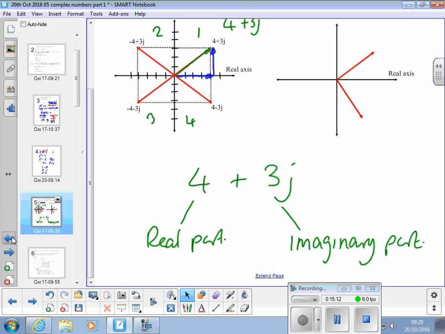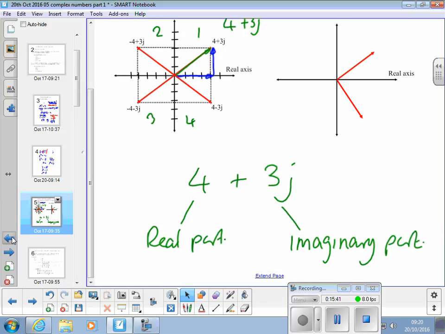I actually prefer to work with putting the j after the number, and I don't know why they do that in maths textbooks. I think it's easier not to lose it into variables if you put it after the coefficient, personally. So I'm going to stick to that, but your Bird maths books put the j first.